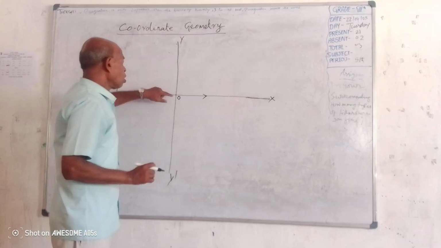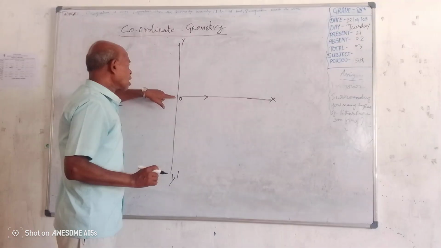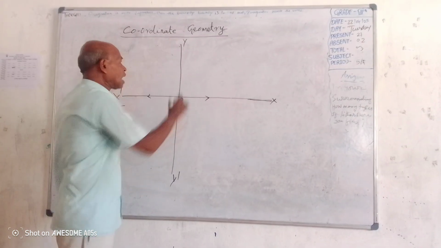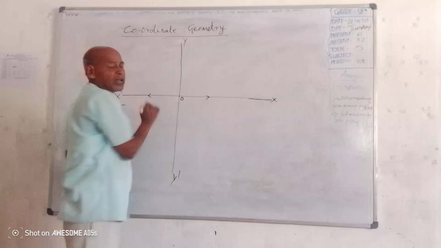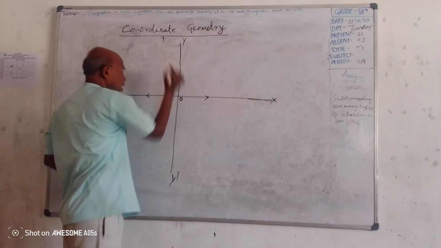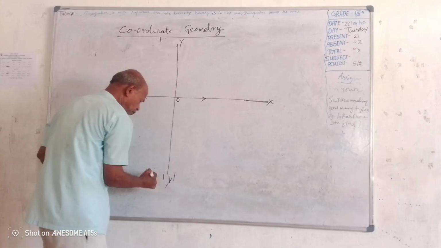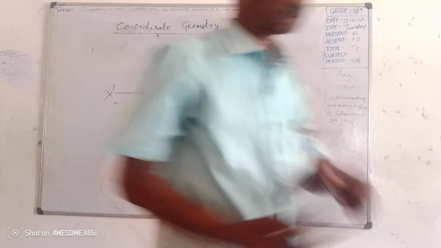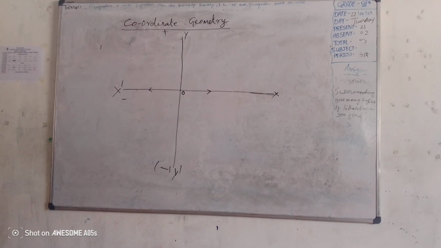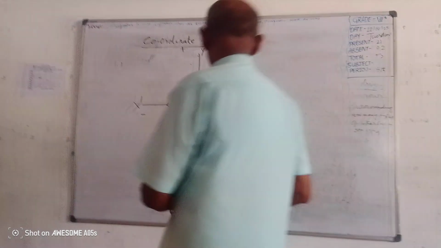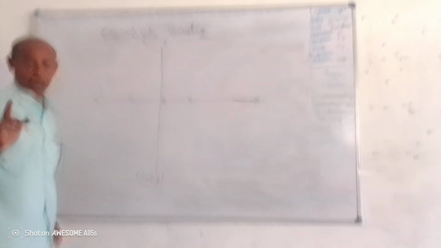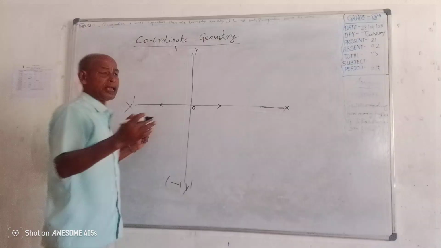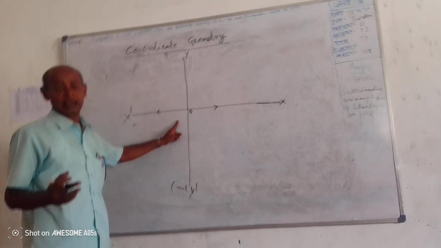And on the y-axis, whatever distance we measure upwards is taken positive, and downward we take negative.